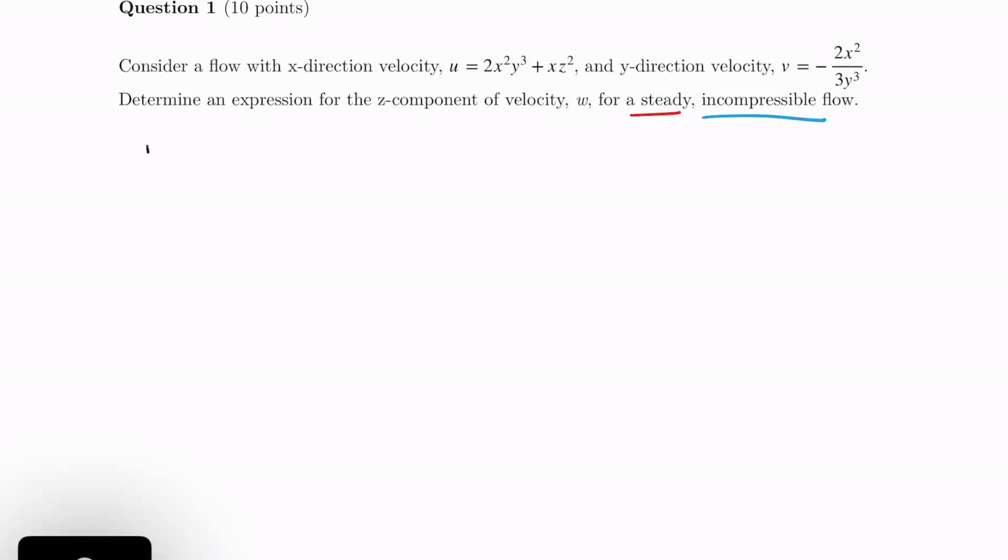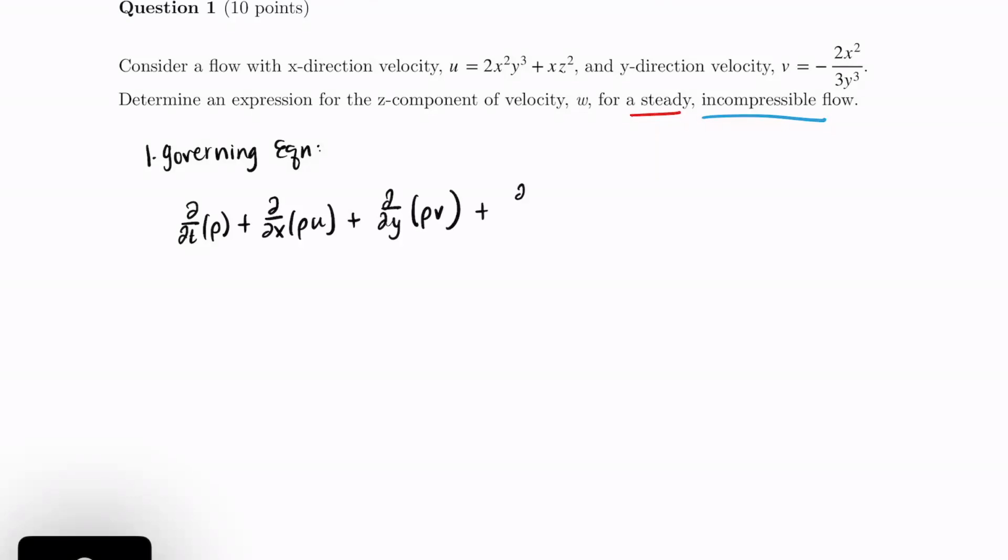So our governing equation is the following. So we have the time derivative of density plus the x derivative of density times u plus the y derivative of density times v plus the z derivative of density times w is equal to 0. Right?